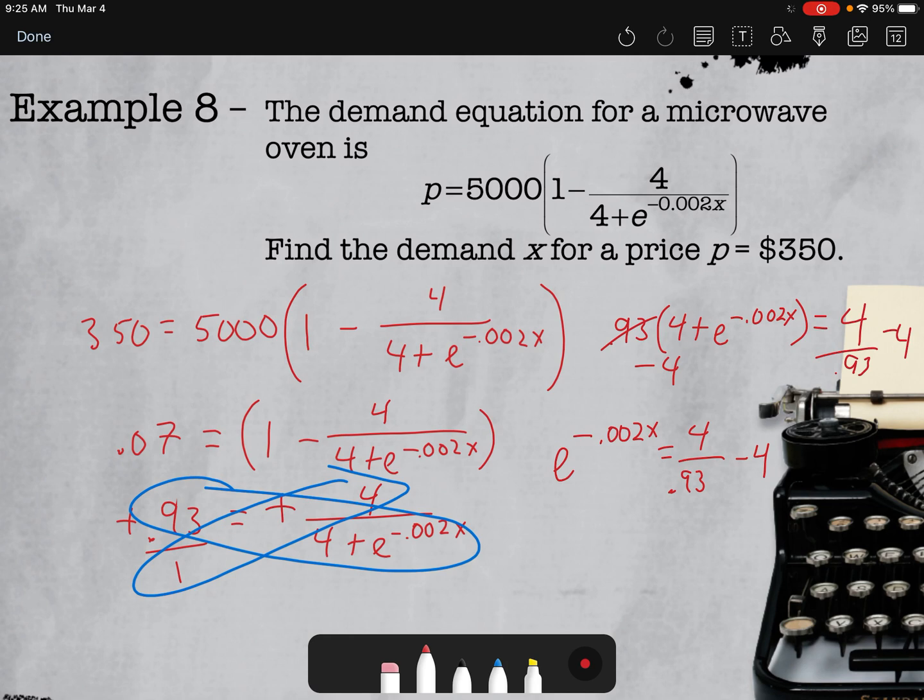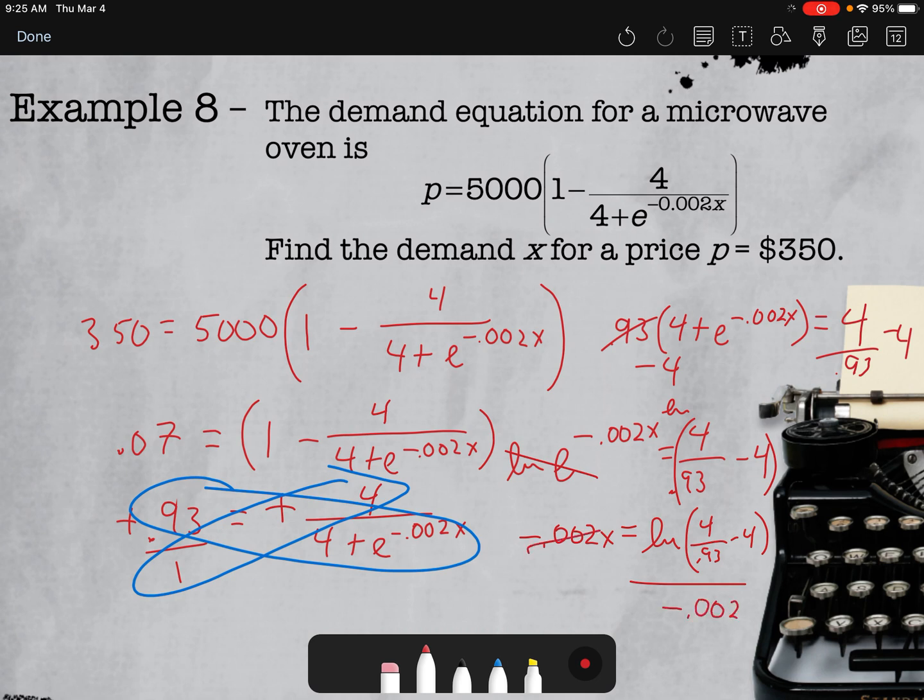Not even using anything yet as far as simplification goes. Well, then I can do the natural log. So those will cancel. So I have the natural log of 4 divided by 0.93 minus 4.